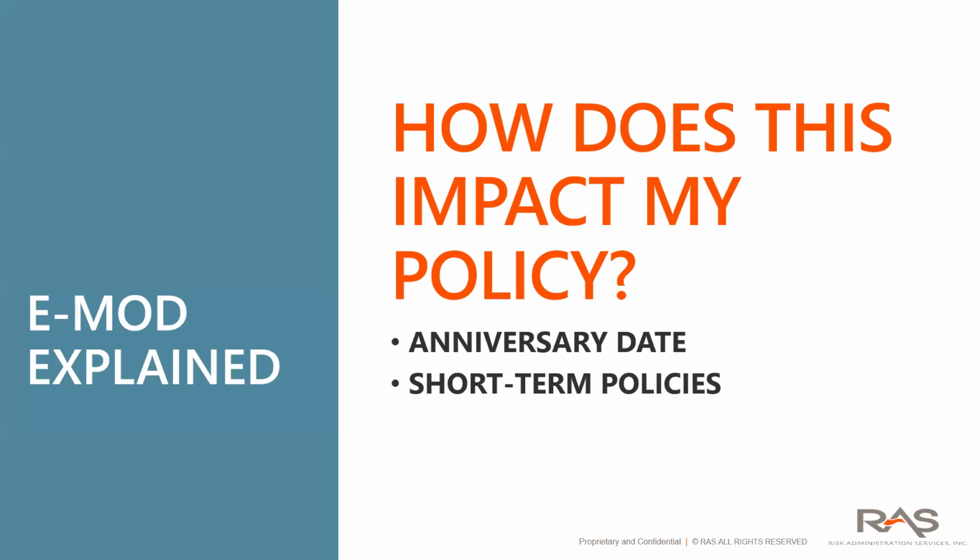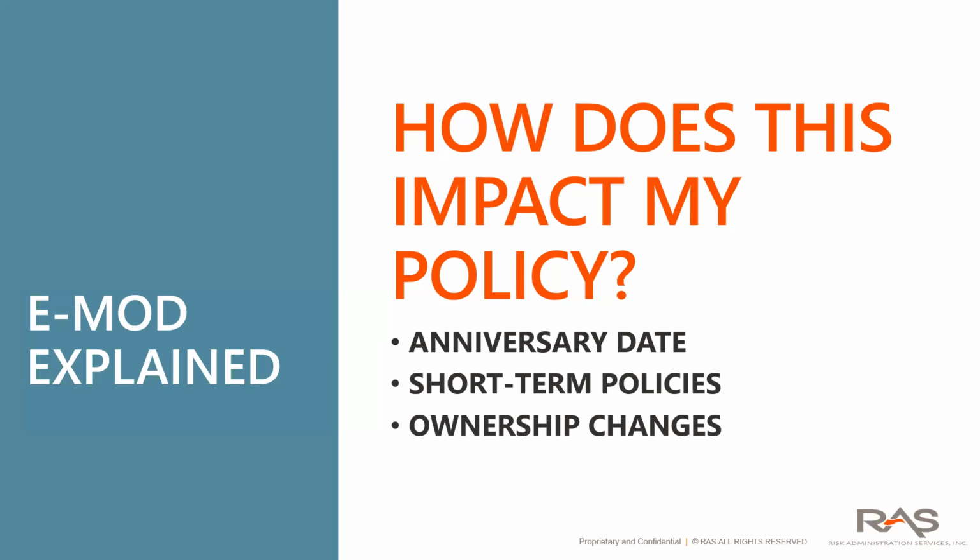And then there's things that you don't have control over, such as your anniversary date. So say ownership changes, which then can impact that anniversary date, because you've now moved your policy. From an ownership change, you're not going to assess a short-term penalty because that's just the nature of business.